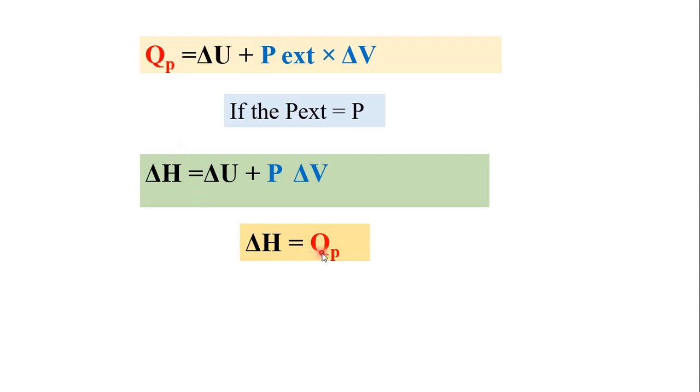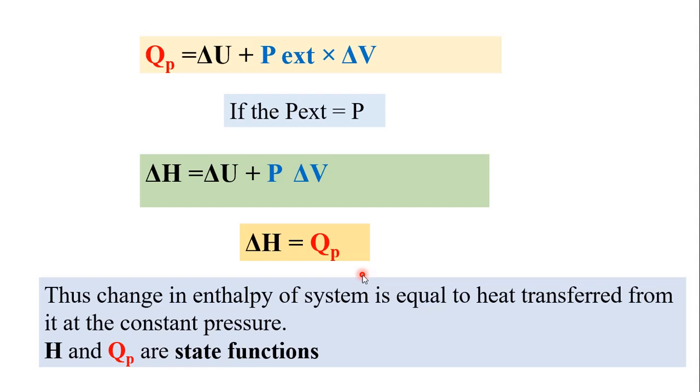QP is equal to delta H, that is, the enthalpy change is equal to the heat absorbed or evolved at constant pressure. So the change in enthalpy of the system is equal to the heat transferred, that means either absorbed or evolved from the system at constant pressure. And enthalpy is a state function. Actually Q is a path function, you know that.